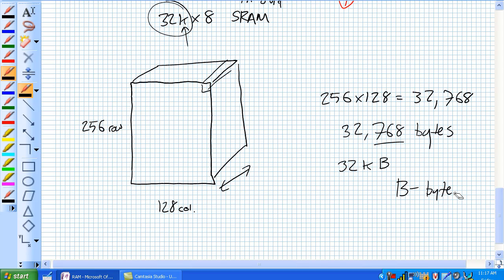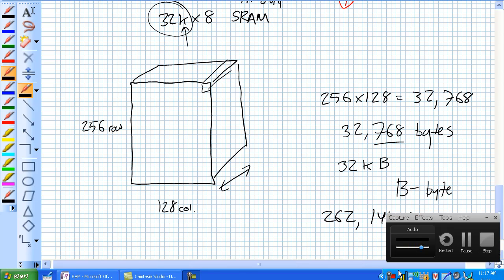But how many bit capacity is that? Well, that's 32,768 bytes times 8 bits per byte. Should give you 262,144 bits.